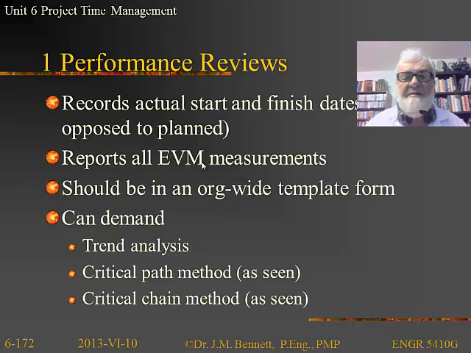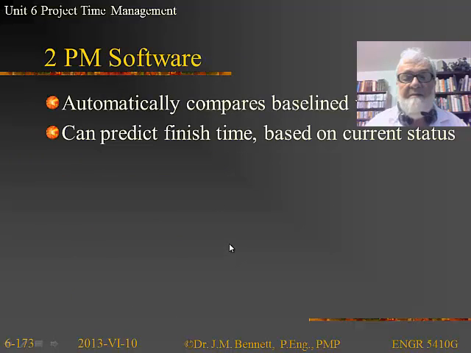Okay, so here are some of the techniques that we can actually use. Performance reviews, and these are going to be basically done regularly. We're going to report on our earned value because that's going to tell us when we get off track. We can demand the trend analyses be done, that the critical path method or critical chain method be used. The project management software automatically compares baseline against actuals, so we can constantly compare this is what we planned to do and this is what we actually did.